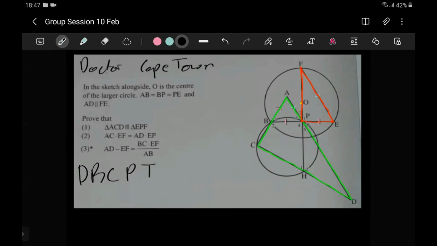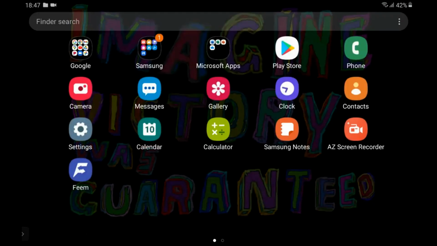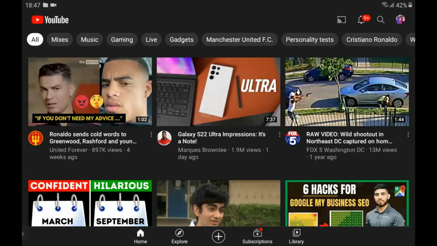It's basically a strategy that you can always use when you go through Euclidean geometry questions.